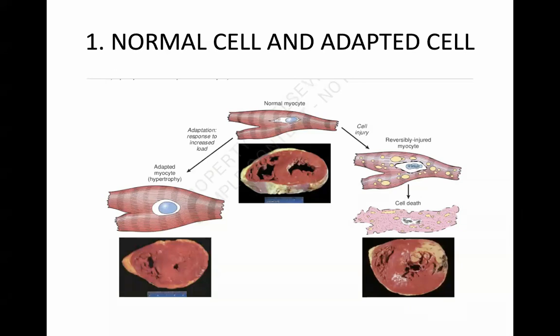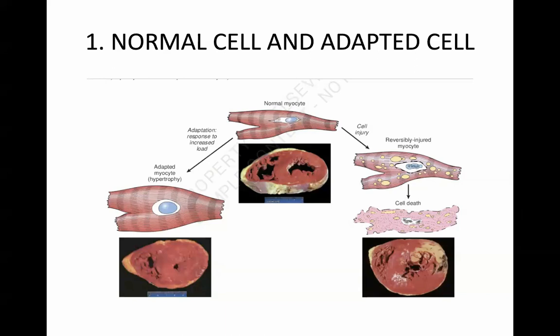You can visually see the effect on the heart, and you can also see when the cells become irreversibly injured, and when it progresses from that irreversible injury to cell death.